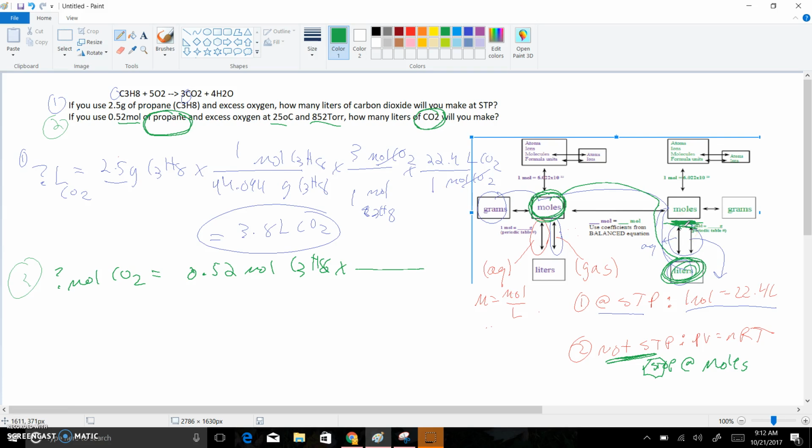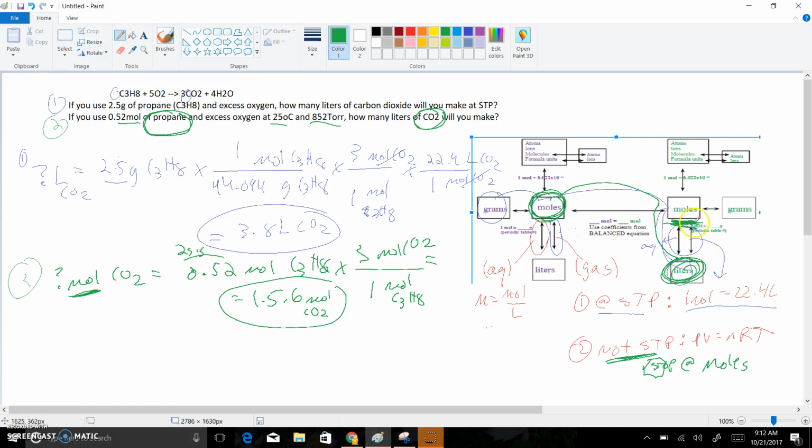That's why I'm asking myself not how many liters of CO2 I have, but how many moles of CO2, and then use PV = nRT. Here I'm trying to get out of moles of C3H8 and into moles of CO2 like we did before. And there it's that 1 to 3 ratio. If I push the numbers in my calculator, I get 1.56 moles of CO2. I'm going to keep it as 1.56 even though I know that there's only 2 sig figs, because I'll take that into account later.